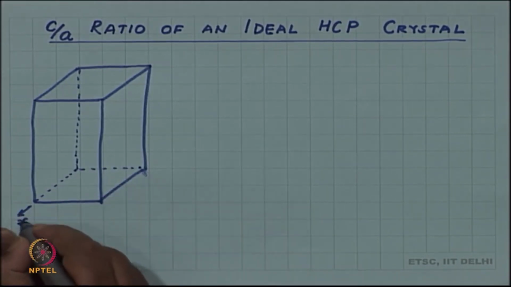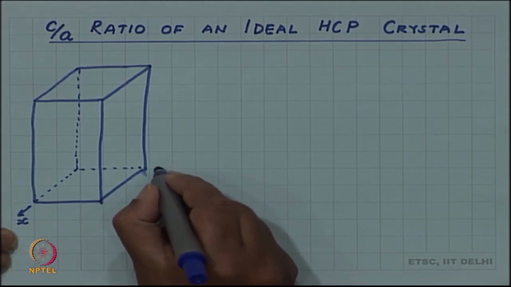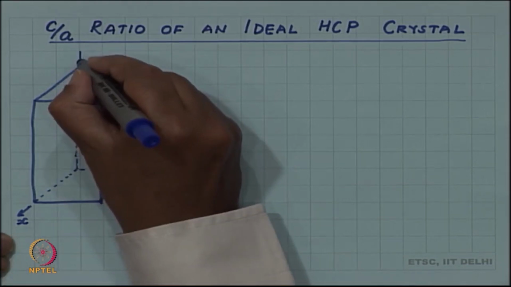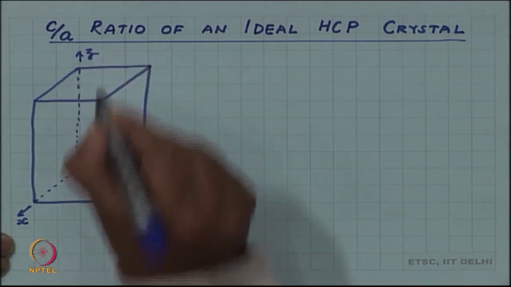This is the x axis, this will be the y axis, and this is the z axis.